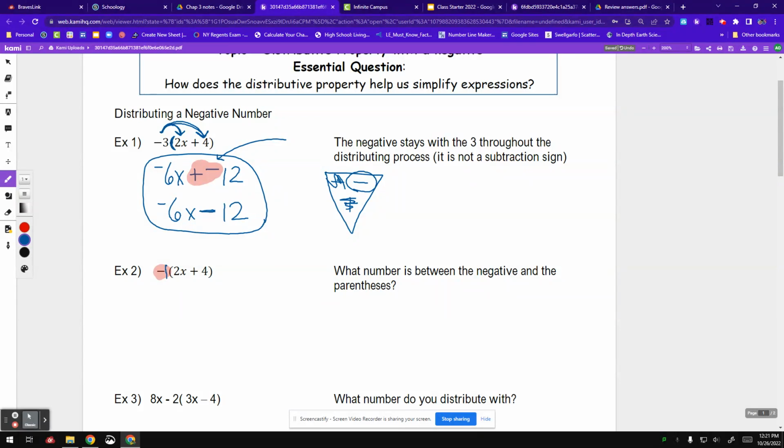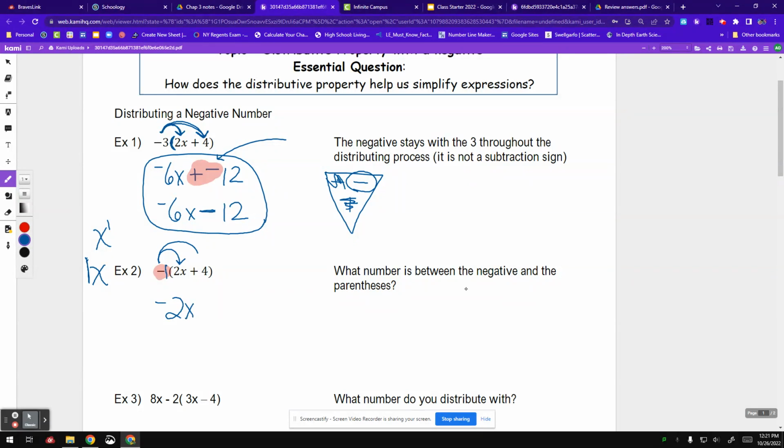Remember, we have invisible 1s as exponents. If you have x and you don't see a number, it's a 1. And if you have x, the coefficient, if you don't see it, it's a 1. So this is another place where we have this invisible 1. We're going to take this negative 1 and distribute it to get negative 2x.